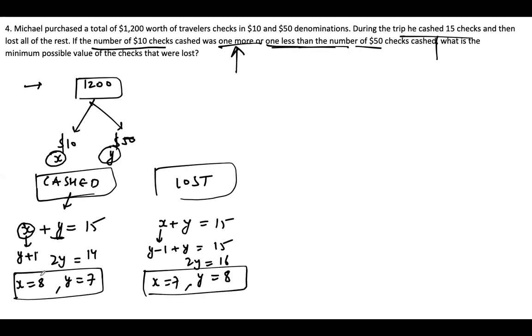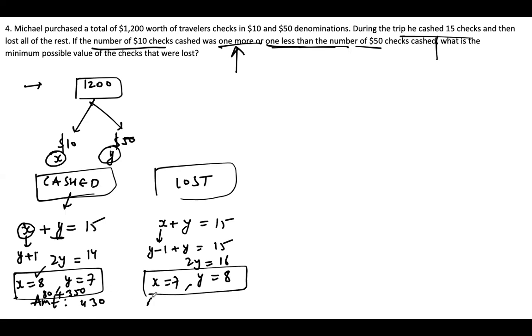In this case, what is the cashed amount? If he is cashing eight $10 checks, so 8 into 10 would be $80, plus 7 $50 checks, $350.